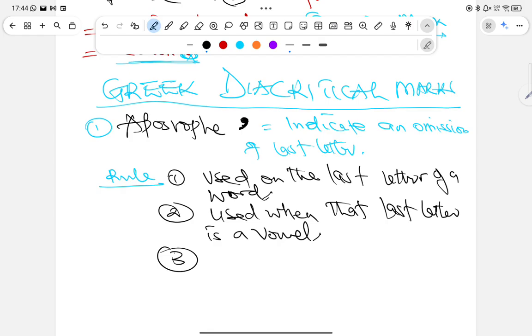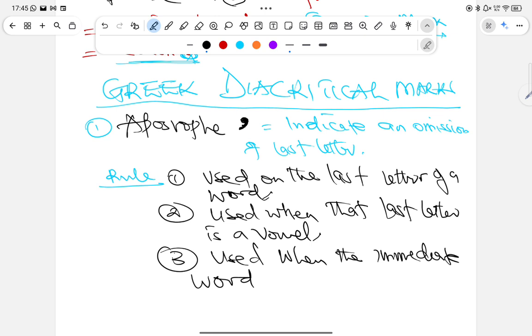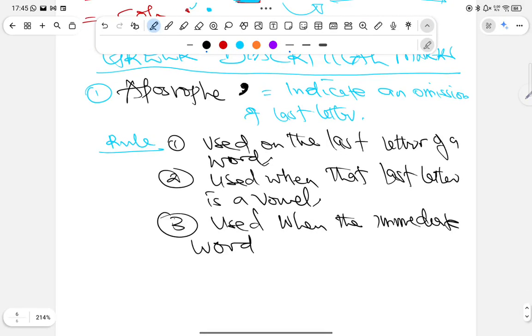And thirdly, following rules 1 and 2, it is used when the immediate word, and what I mean by immediate word is the word coming after this particular word that we are modifying with the apostrophe, begins with a vowel or a diphthong.